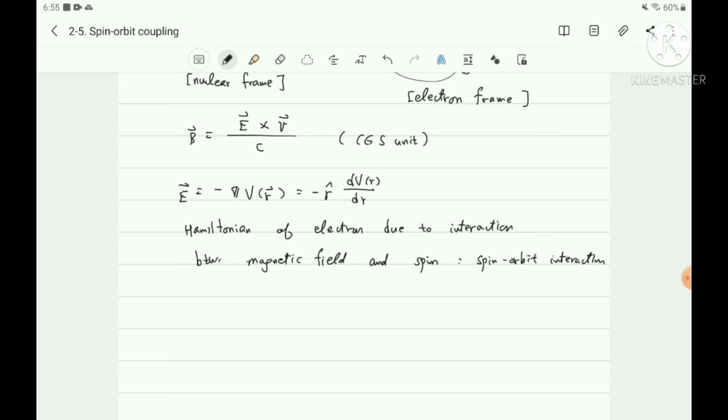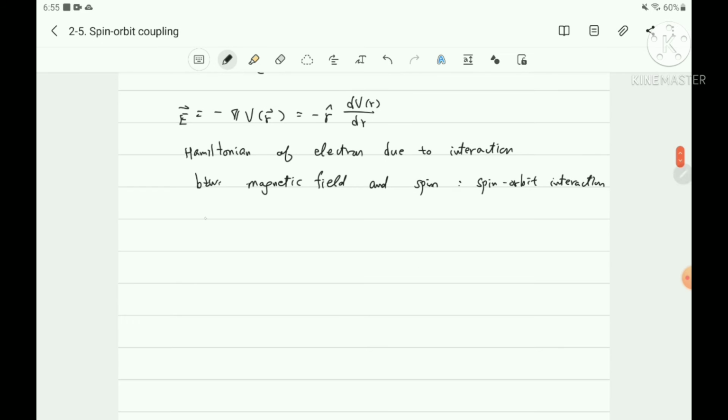Therefore, it is a spin-orbit interaction. The Hamiltonian is like this, minus m dot B. But we should consider a factor of 1/2, which is very tricky to calculate. We do not derive the 1/2, but it comes from the relativistic Thomas precession.